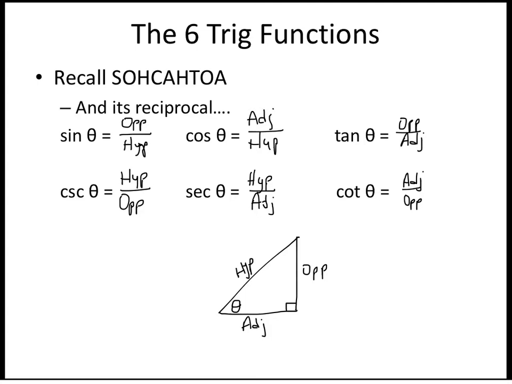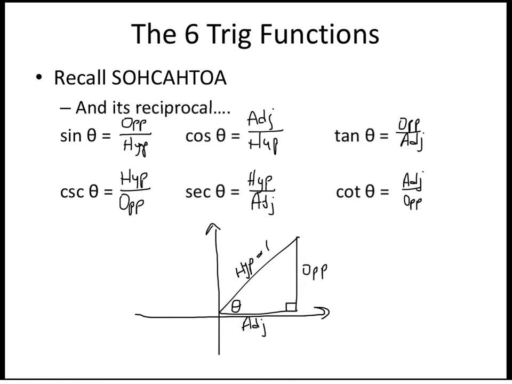In those cases, those functions were using this right triangle as being part of a coordinate plane, okay? So if we're talking about a coordinate plane and we've got some angle theta here, okay, and we've got a hypotenuse equal to 1 in our unit circle, then opposite would just be that y coordinate, right?